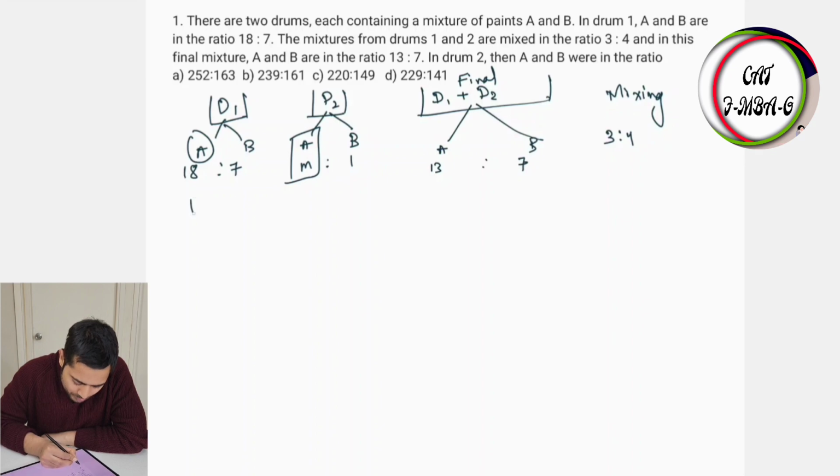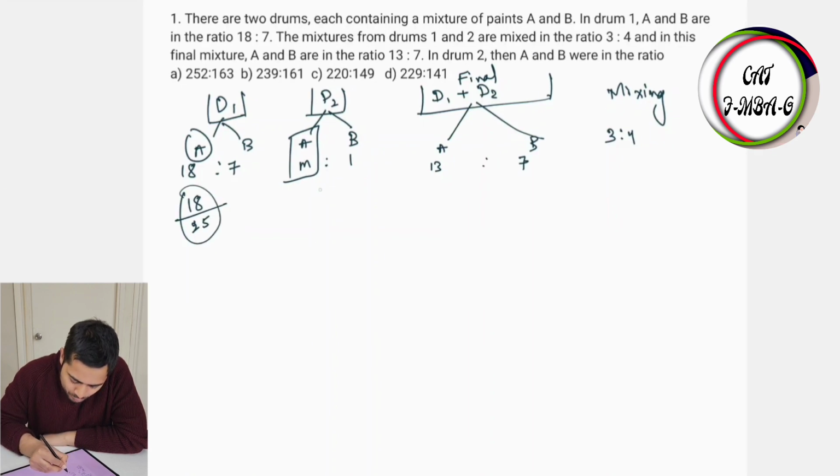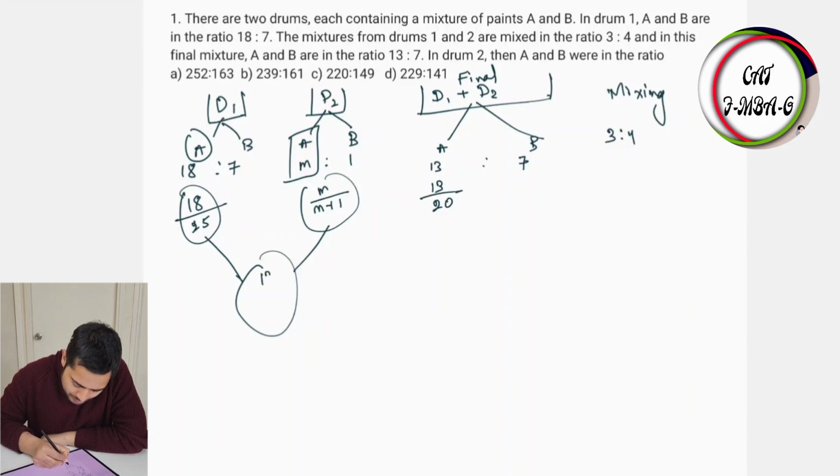So here in drum 1, the proportion of A is 18/18 plus 7, it is 18/25. In drum 2, it is M/M plus 1. These two are mixed to get 13/20, and these are mixed in the ratio M:1.